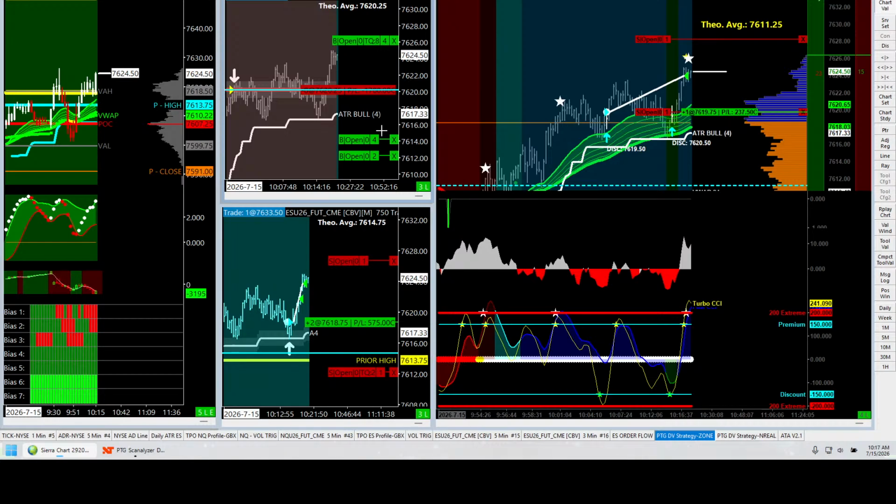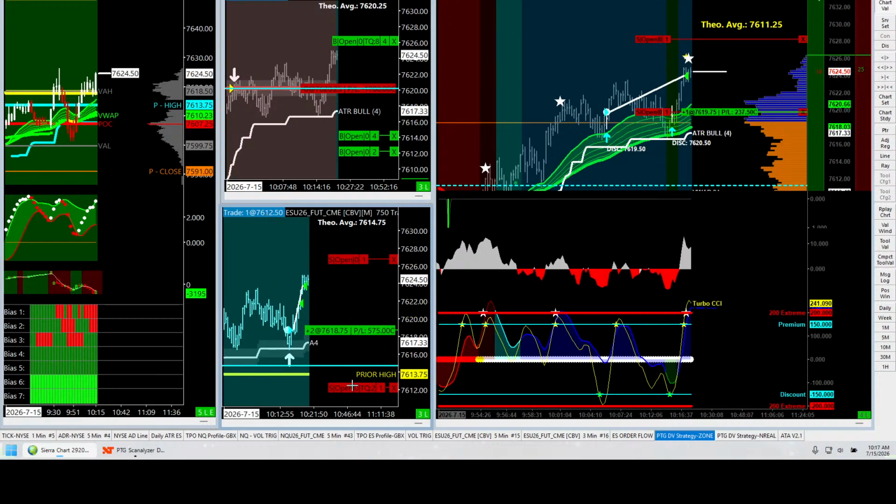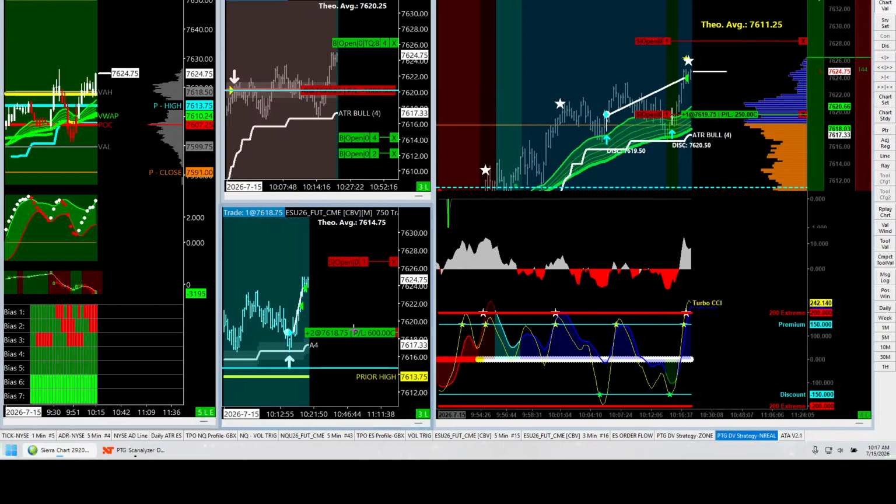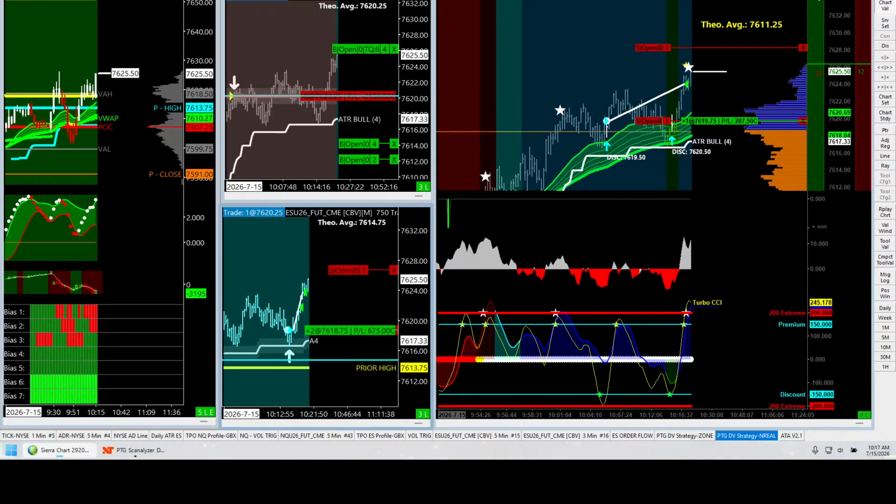Still hanging on a thread, but it looks like we're going to get stopped out on the A10 side. So the A4, two take profits. We're gonna move the stop up there.